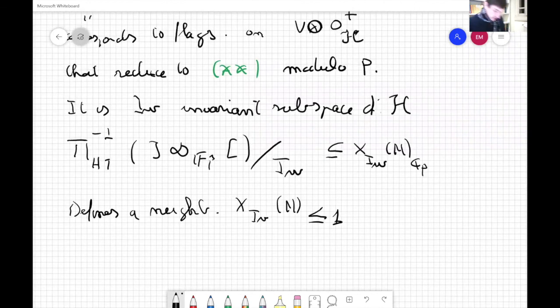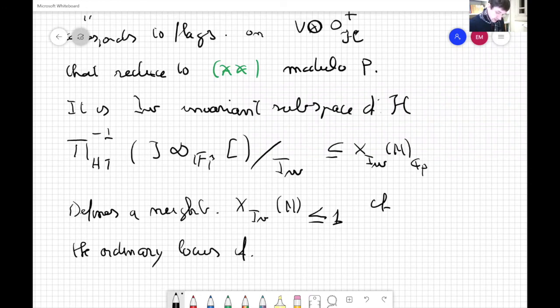I don't know if it's a good name, of the ordinary locus of X_Iwahori(n).